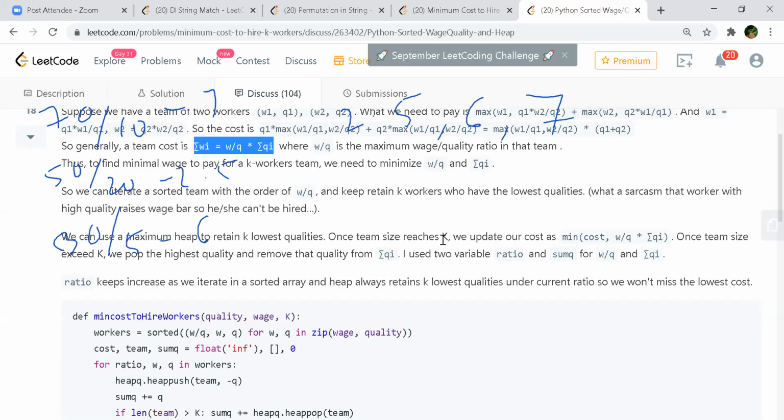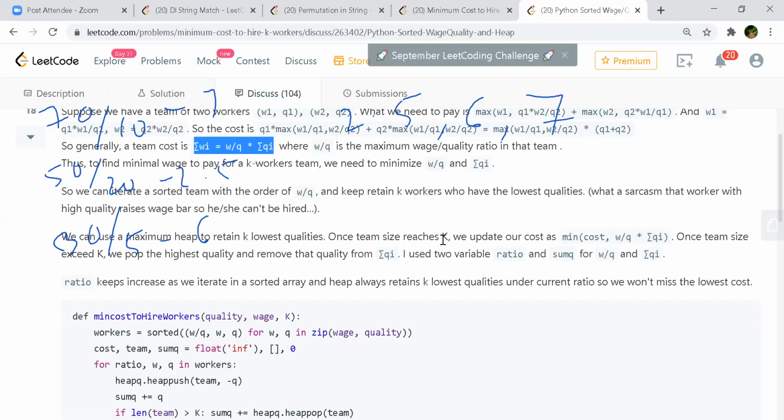And then when we do this, we actually use a heap. That will be the max heap he is talking about. The heap is running on quality, not the ratio.